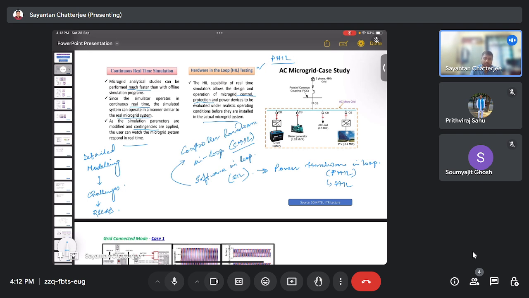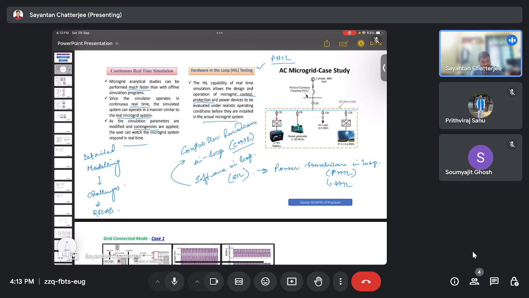So we have the distribution system planning studies that we all know. Here, we need to go for microgrid setup, meaning how the optimal locations of the DGs can be placed. Okay, so here we can see an AC microgrid test case.